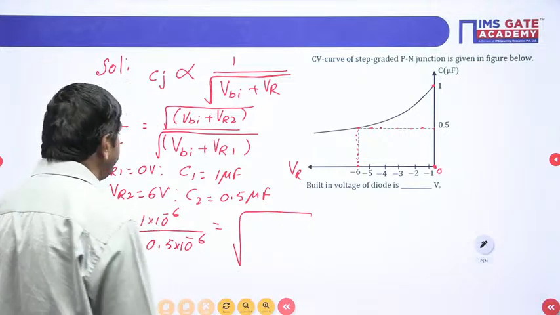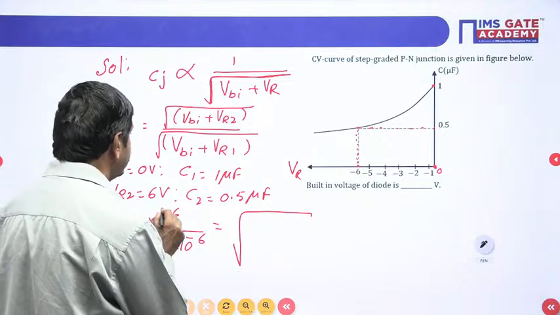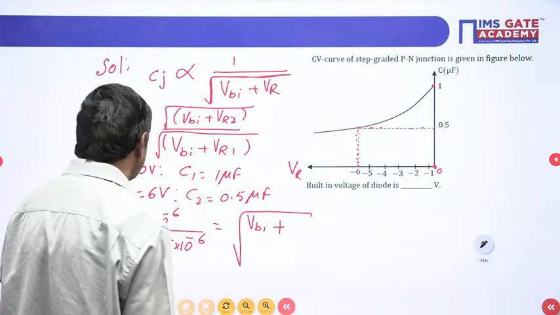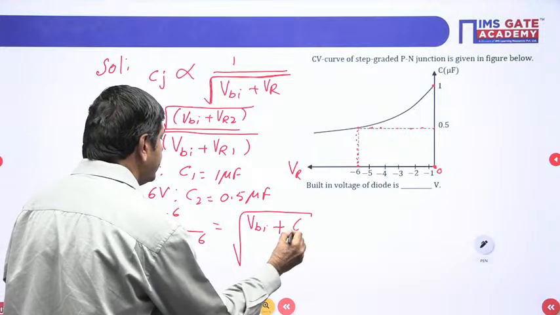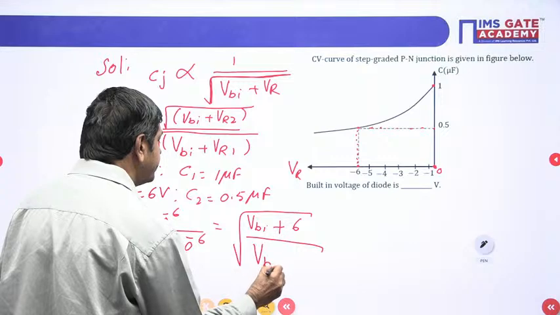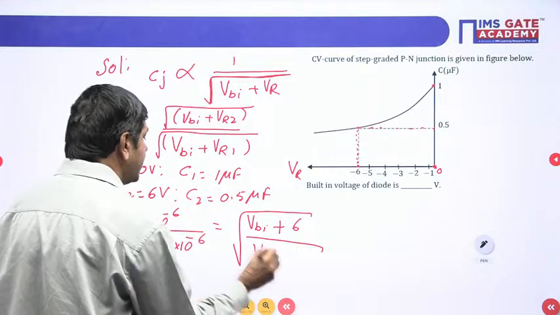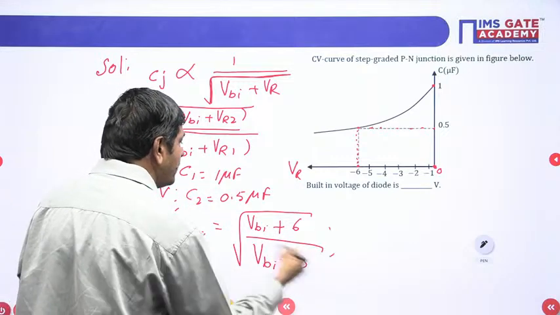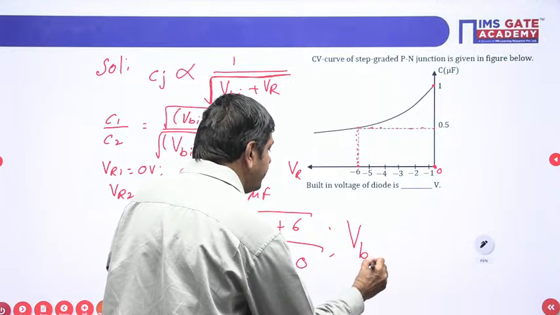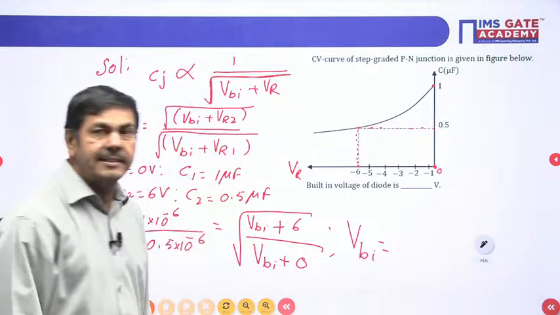We need to find VBI. Plus VR2 is 6, divided by VBI. We need to calculate. VR1 is given as 0 voltage. By simplifying this equation, you can get the built-in potential directly.